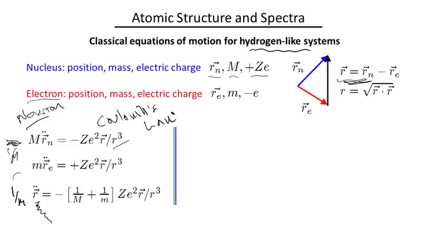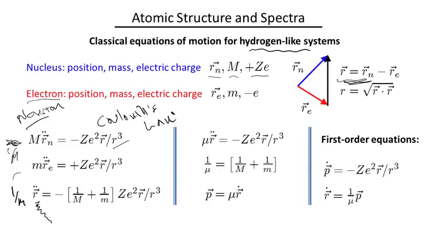You see on this side you have the second derivative of r, and on the other side just a function of r itself. So we've now managed to get an equation that can be solved directly for the separation between the two particles.